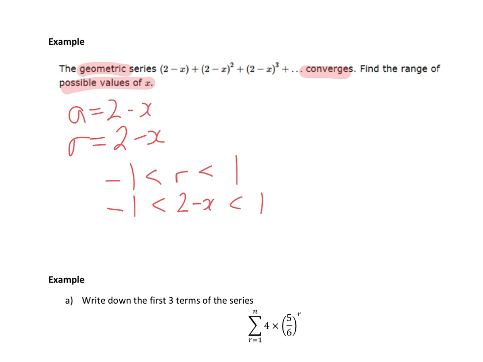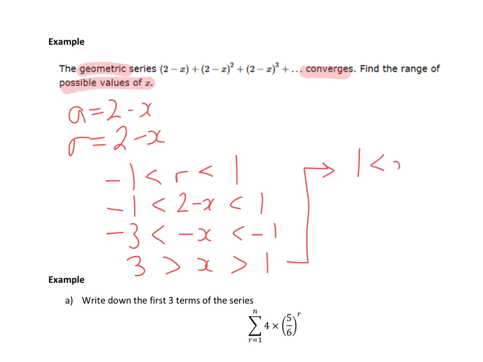I'm going to take away 2 from all sides, so minus 3 is less than minus x is less than minus 1. Now I'm going to times everything by minus 1, and that flips the inequality signs. I just like writing inequalities from small to big, so 1 is less than x is less than 3. So x is between 1 and 3.